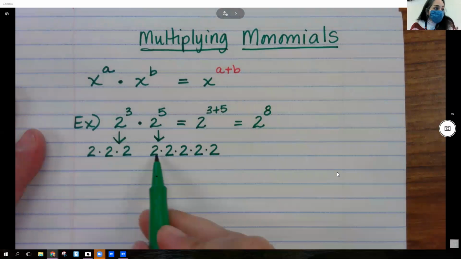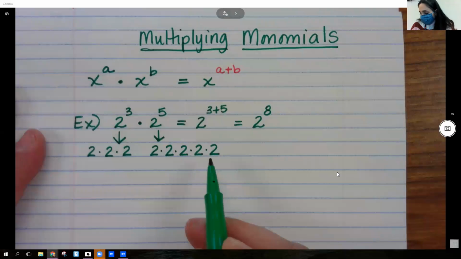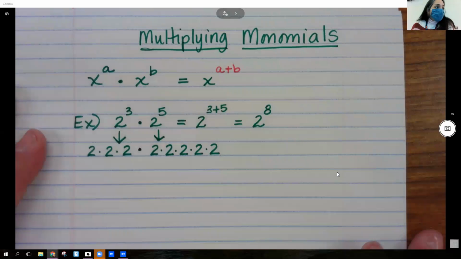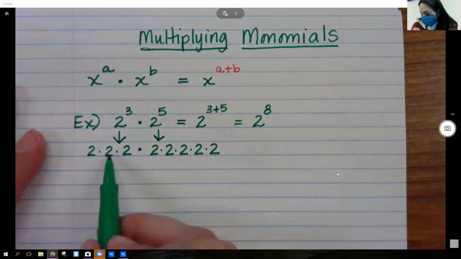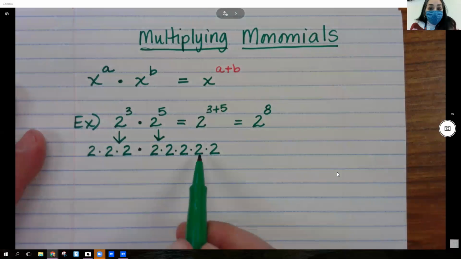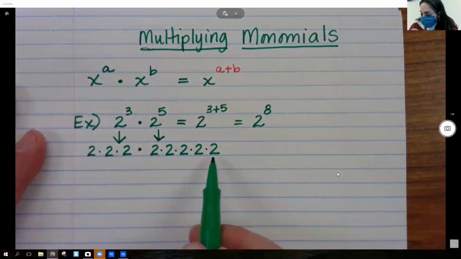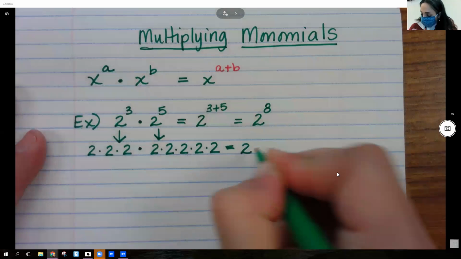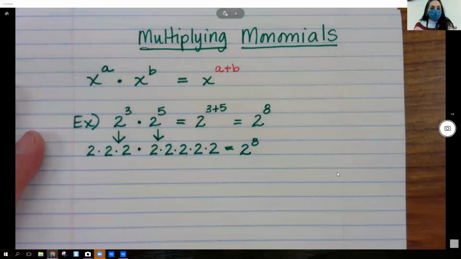You have 5 of them. And so what are we doing? We're multiplying these things. So if you're multiplying them, what ends up happening? Well, you end up having 1, 2, 3, 4, 5, 6, 7, 8 of them in total. So that's why it ends up being 2 to the 8th power, okay?